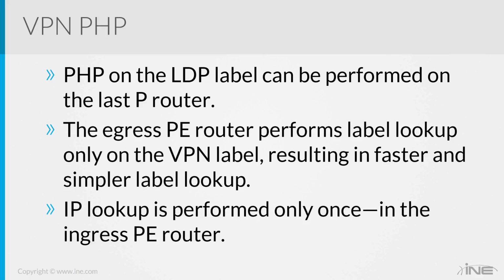So the implicit null is telling the last provider core router to go ahead and pop the transport label and to forward the data via the VPN label. That's why you're going to see you'll go from a 2-label stack to 1-label stack and then to an IP stack. Once the traffic gets from the provider core router to the PE router, then you peel out the VPN label and you route the IP.